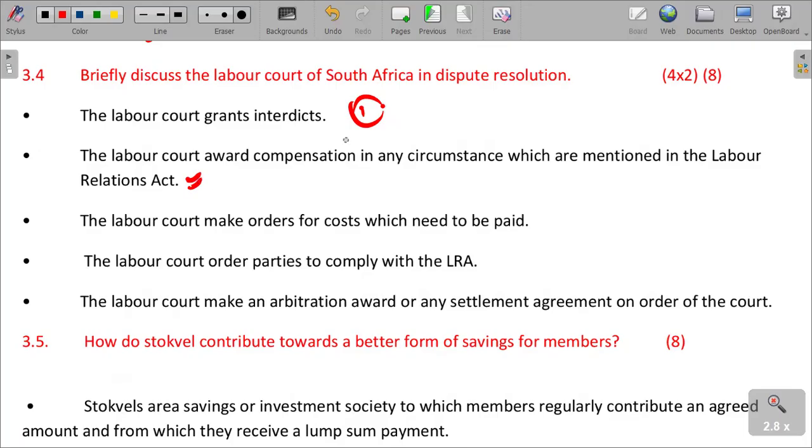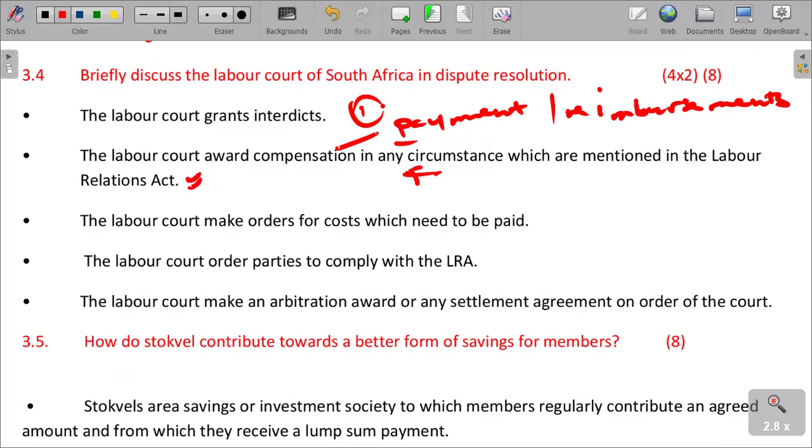It provides compensation, payments, reimbursements, which can also be given in any circumstances that are mentioned in the Labour Relations Act. It ensures fairness in terms of parties involved. They need to be paid back whatever they've lost according to the Labour Relations Act.